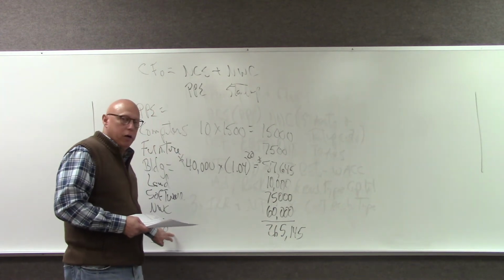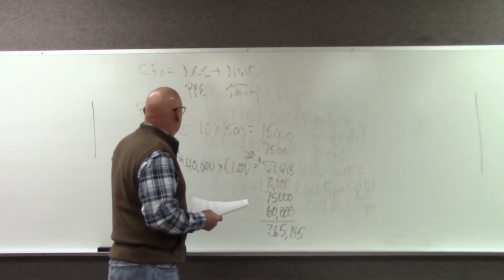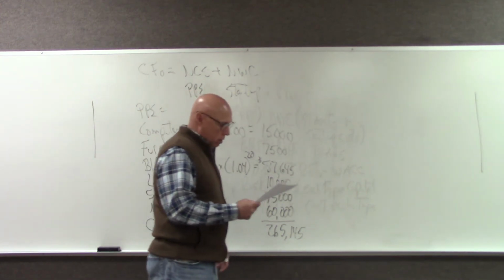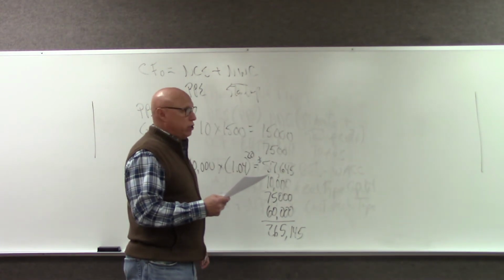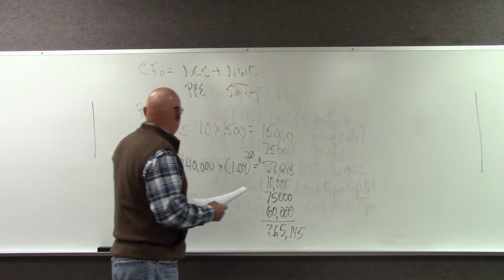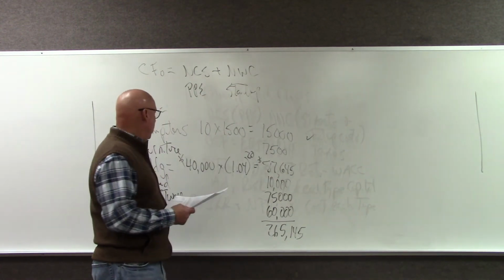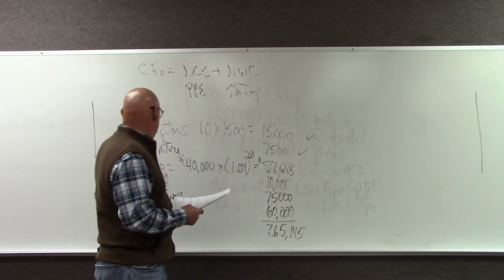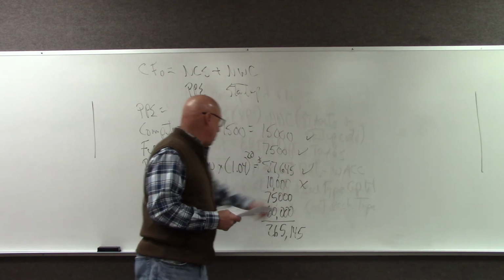That times 0. Okay? So now, let's figure out what our depreciation is going to be. What are we going to depreciate? Well, we're going to depreciate the computers, the furniture, and the building, but we cannot depreciate the land.